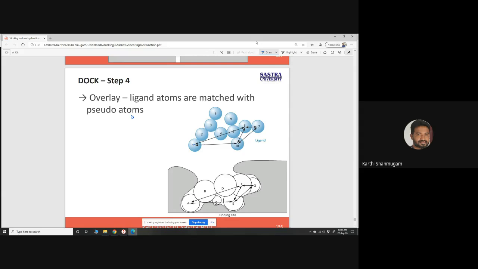As well, it creates a distance matrix for the spheres which are present within the binding site. Then it compares the distance matrix of the ligand molecule and the distance matrix created for the binding site spheres, and tries to fit the ligand molecule inside the binding site. That is what exactly it does.